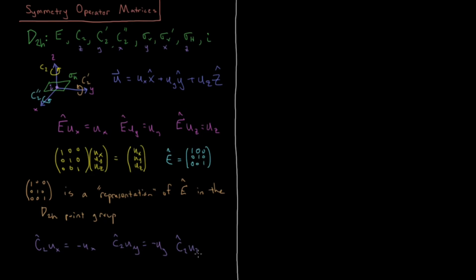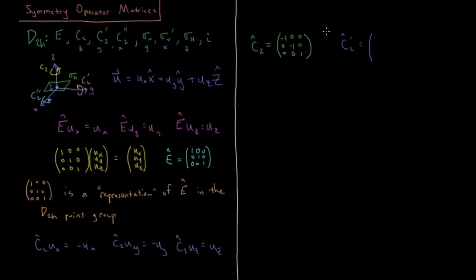And if I act C2 on uz, the z component is unchanged by the rotation around the z-axis. If I do this same type of matrix algebra, what I can determine is that my representation of the C2 operator would be -1, -1, 1 along the diagonal and zeros on the off diagonal. That would be the representation of the C2 rotation operation.